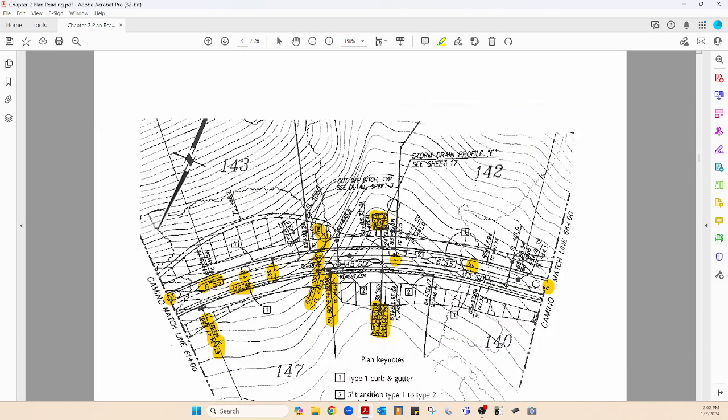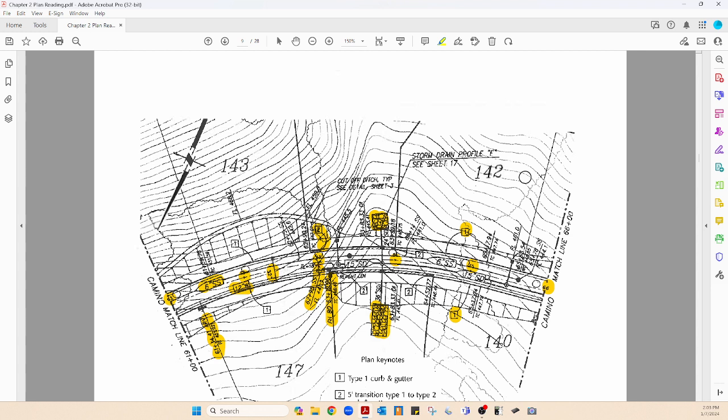So it's telling you in this number 1, which I believe is this one here, I just saw another one right here. So these indicate the length of the 2 vertical curves on this sheet.